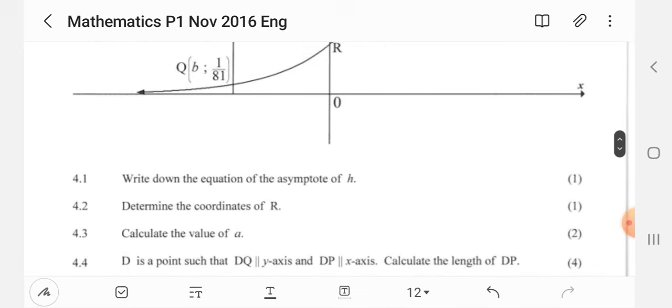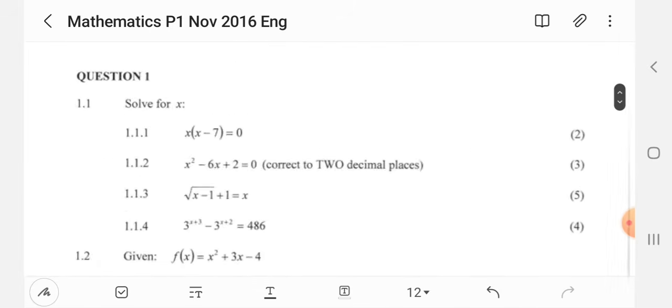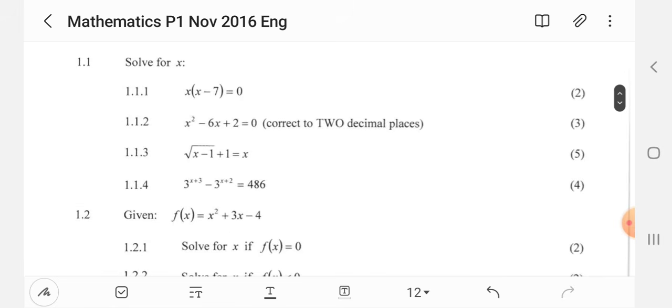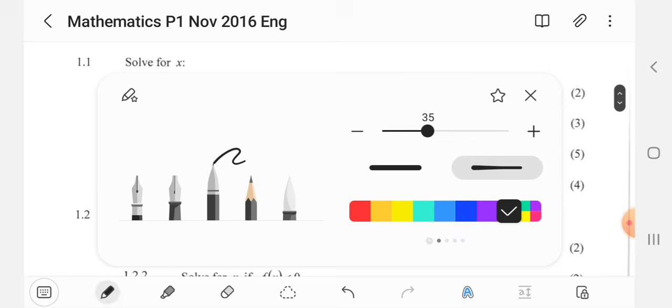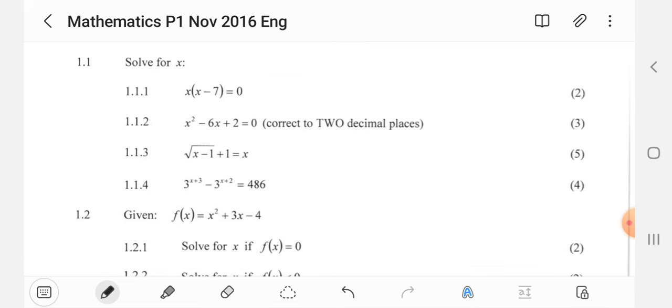You will see how you can also use it, and nobody knows that you used it. Even your teacher will think you know how to factorize, but you actually used the formula. But here, because it says correct to 2 decimal places, I cannot factorize. I have to use the formula because I am going to get decimals as my answers.